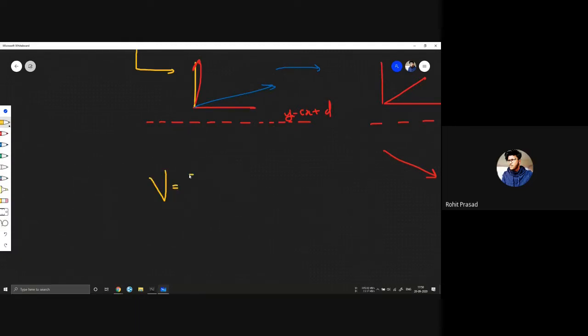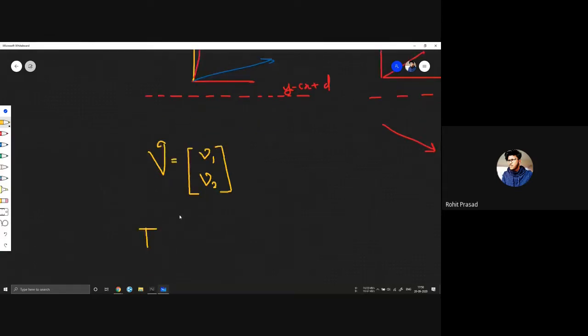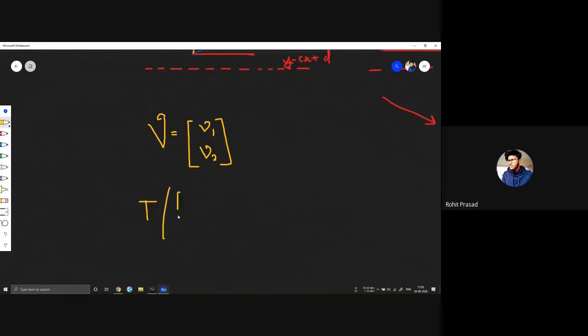V is equal to v1 and v2, and T of this v1 and v2 is equal to v1, v2, and v1 plus v2.